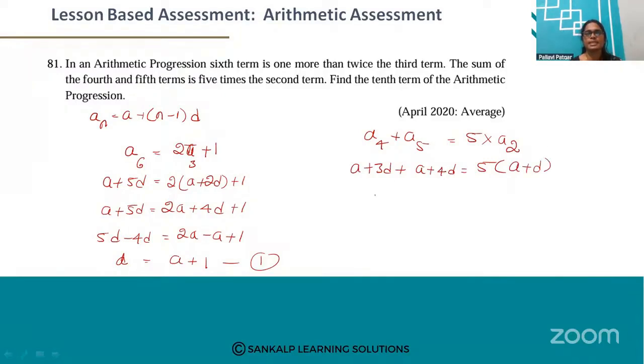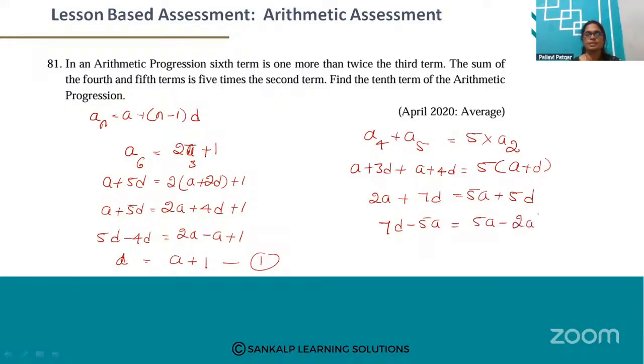So A plus A is 2A plus 7D is equal to 5A plus 5D. Okay. So simplify this. So 7D minus 5D is equal to 5A minus 2A.